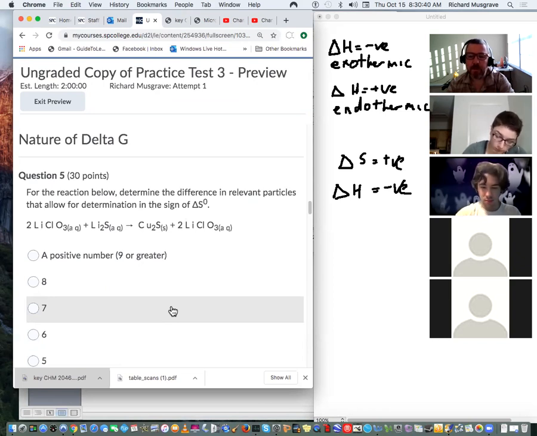What I'd like you to do, give this a go now, see if you can figure out the total number of ions on each side of the equation, please, and then what the sign of delta S would be. I'll give you a minute or two for that.